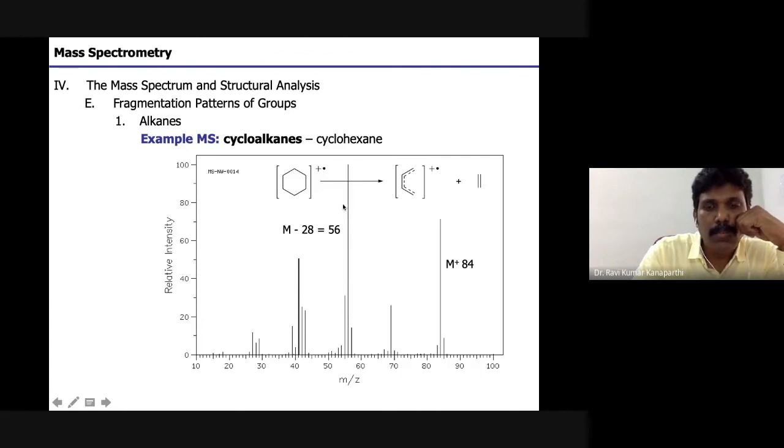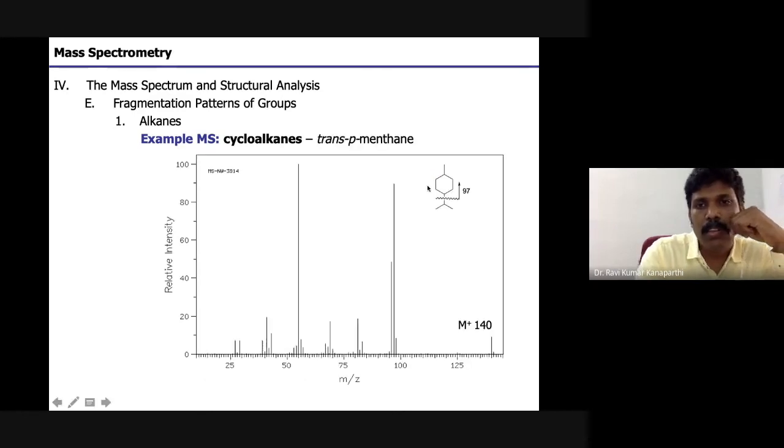Sorry, it is 56. The 56 corresponds to this type of species, this double bond and this type of double bond. This is the 56 value, because the four carbons are there, 48 plus the hydrogens. When you calculate, it is 56.